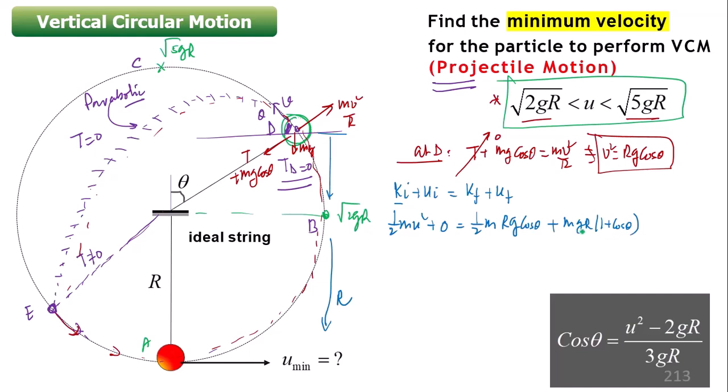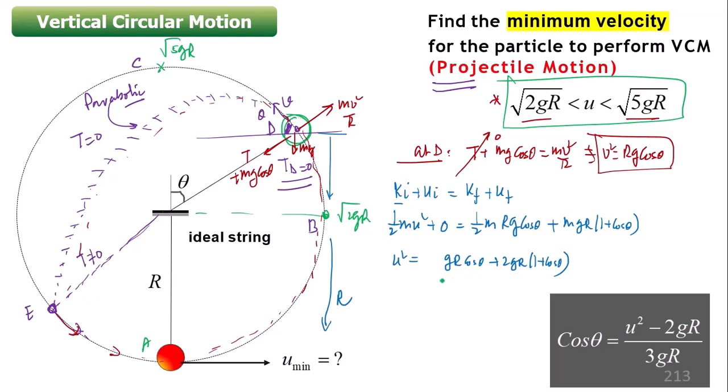Now again multiply by 2 and cancel the m. So I am left with u square equals gr cos theta, because I am multiplying by 2, plus 2 times gr into 1 plus cos theta.